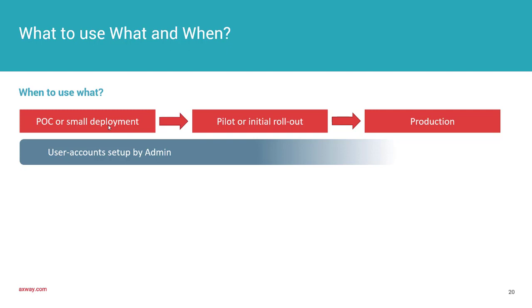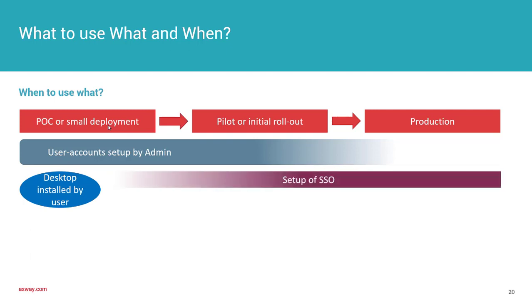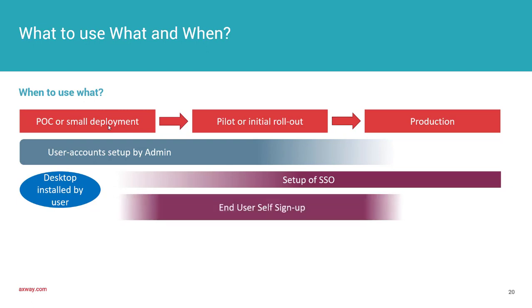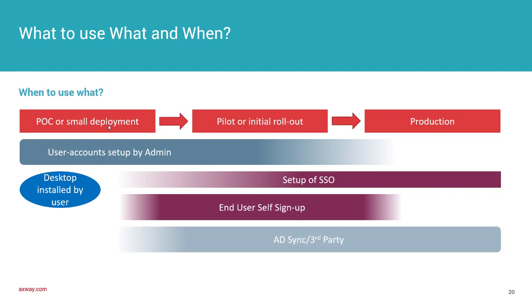In a small deployment or proof of concept, the desktop client will probably be installed by the users themselves if they have local admin rights. What we usually see as part of your proof of concept or as part of your pilot is that single sign-on is being set up, and that is actually our foundation of end user self sign up, which is used a lot in a pilot or a proof of concept.